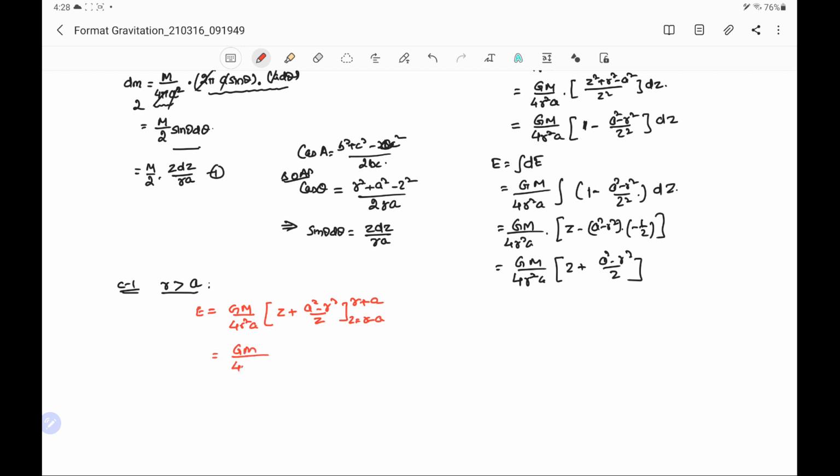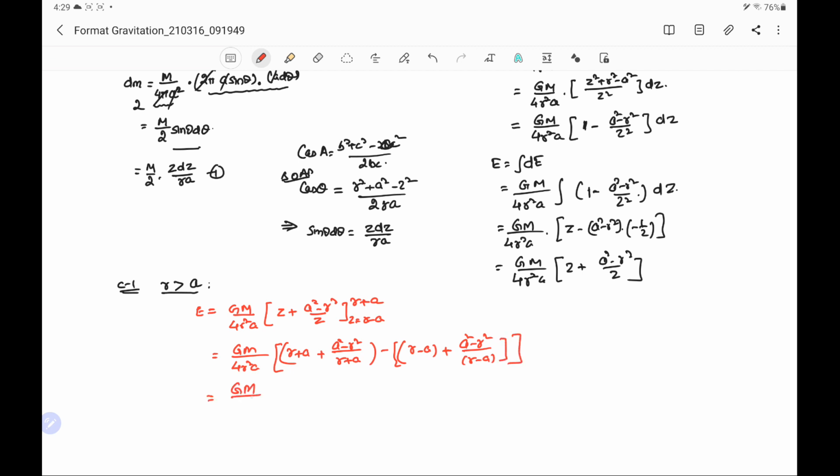GM by 4r square a, put the limit here, it will be r plus a plus (a square minus r square) by r plus a. This is the upper limit, minus the lower limit, r minus a plus (a square minus r square) by r minus a.